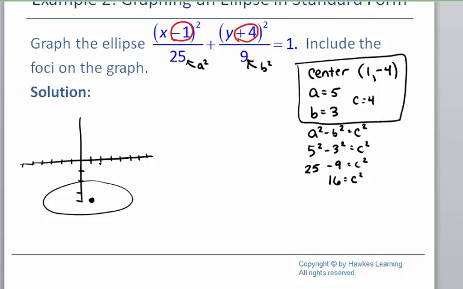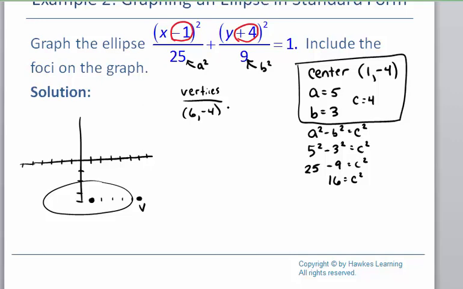All right, so I'm going to line up with these tick marks at the top. So that's 1, 2, 3, 4, 5. Okay, so here's a vertex point, and let's write down coordinates as we go. So that is the point 6, -4.